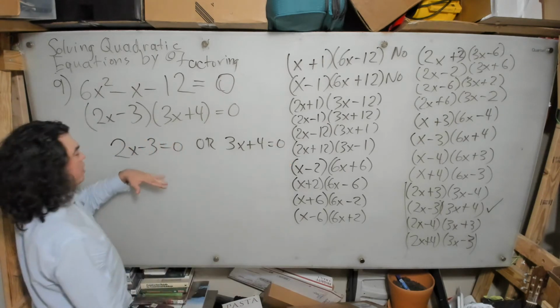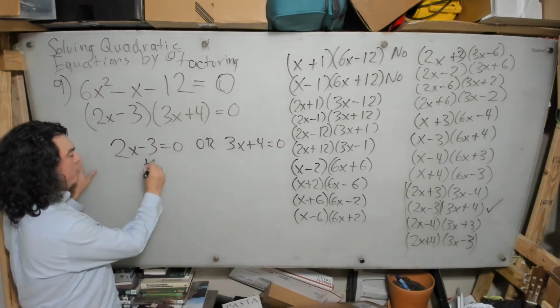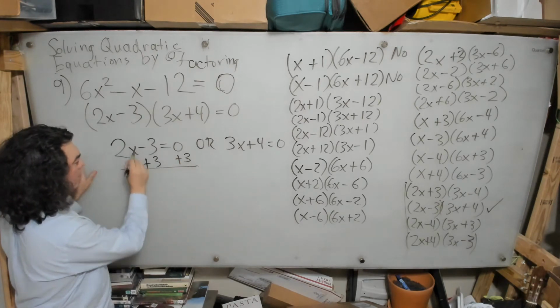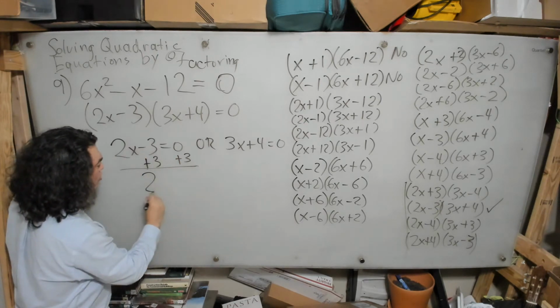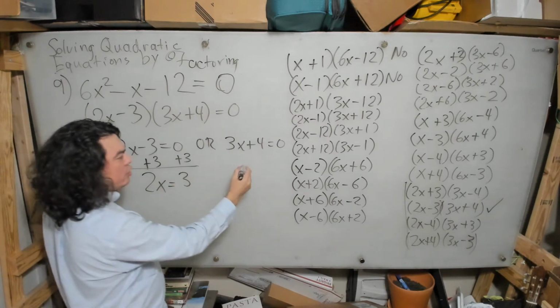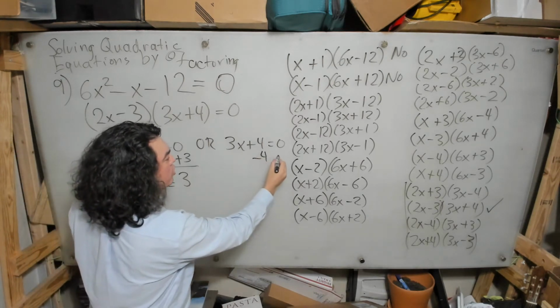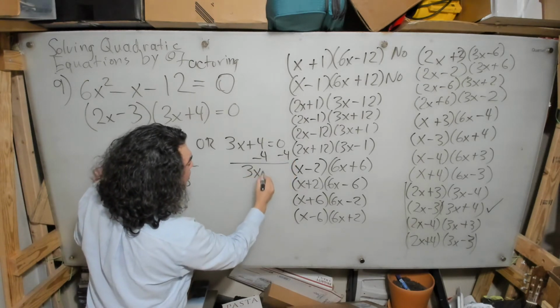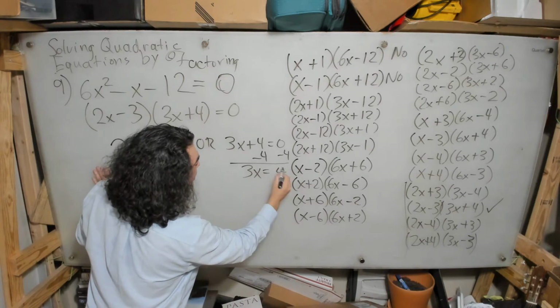Let's look at this one. I'm going to add 3 to the left, and if I do that to the left, I do that to the right. I'm left on the left with 2x, so 2x equals 3. What about this one? I'm going to subtract the 4, and I get 3x equals negative 4.